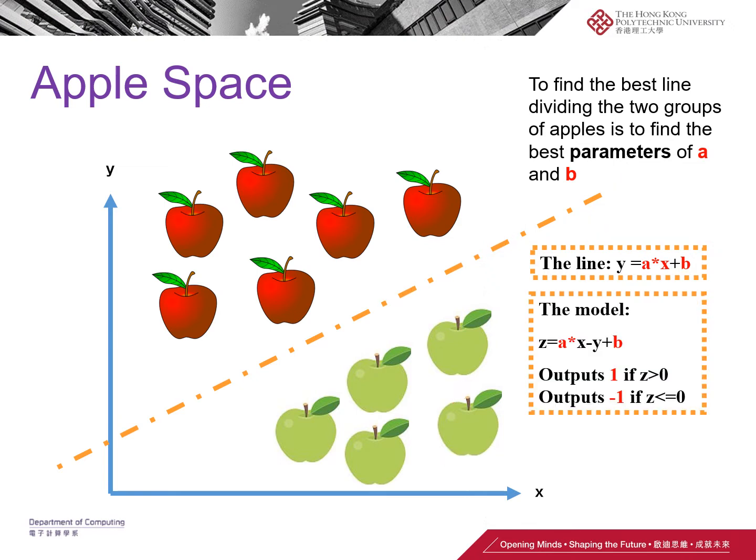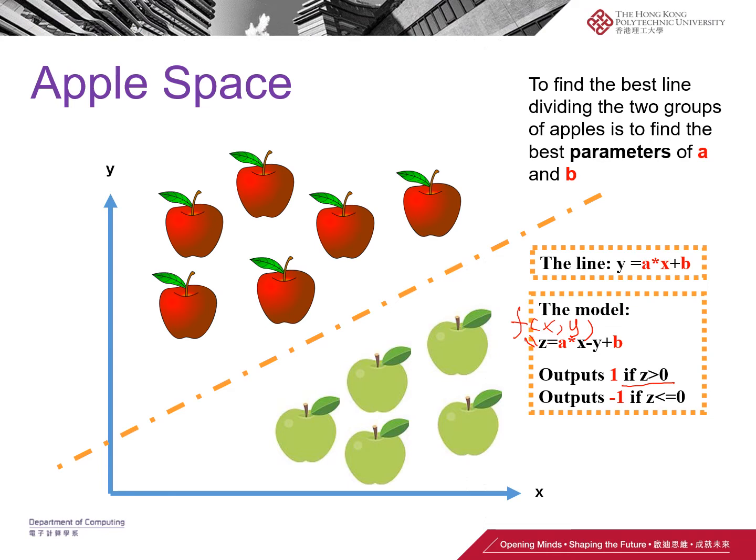And we can take a step further by putting a z in short to substitute f(x, y). Here they are just equivalent, z and f(x, y). So in that case, we can make the rule: when z is greater than 0, we output 1, representing a red apple.